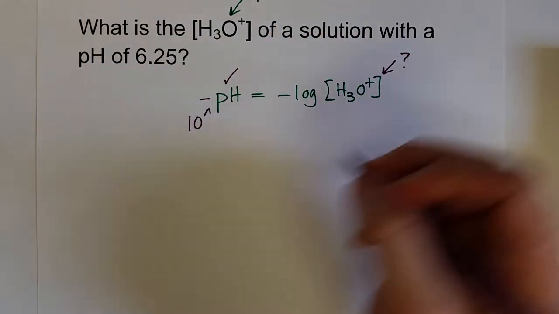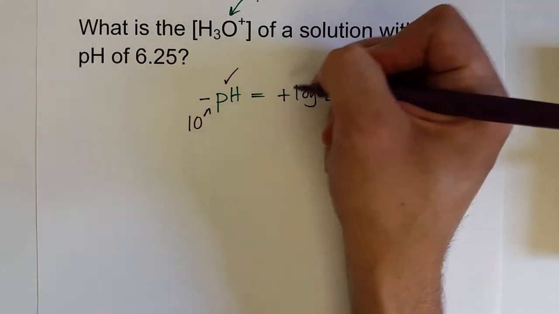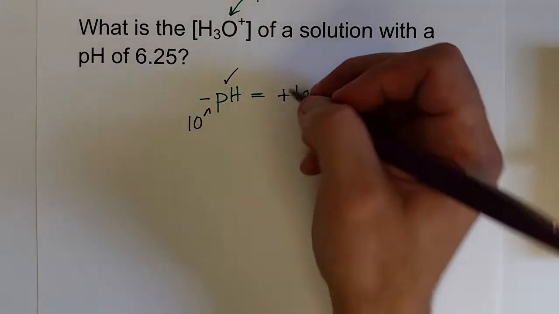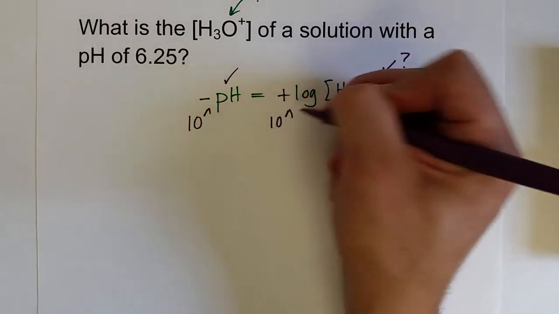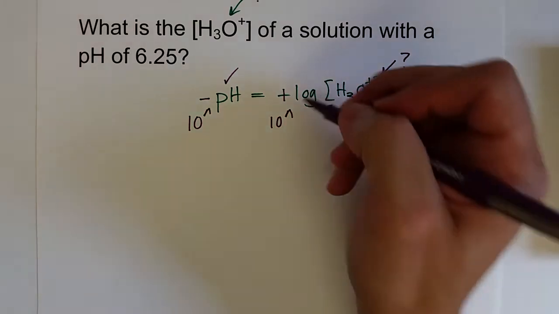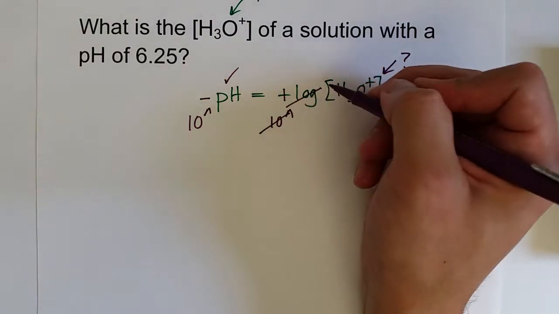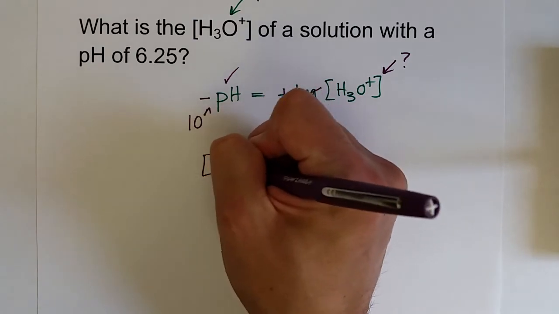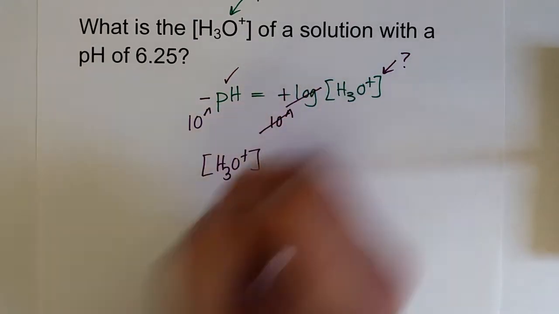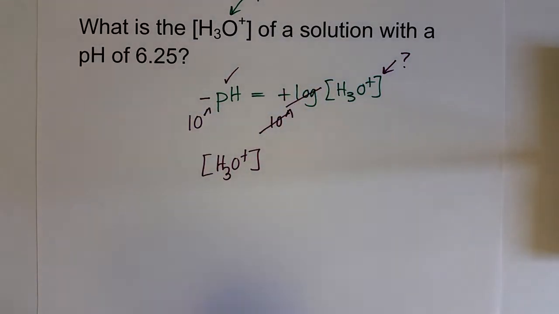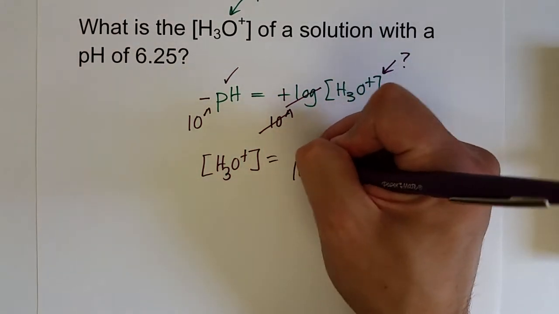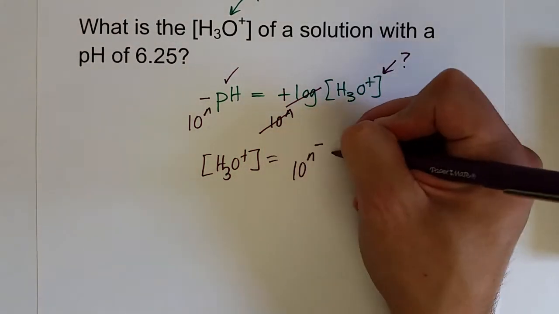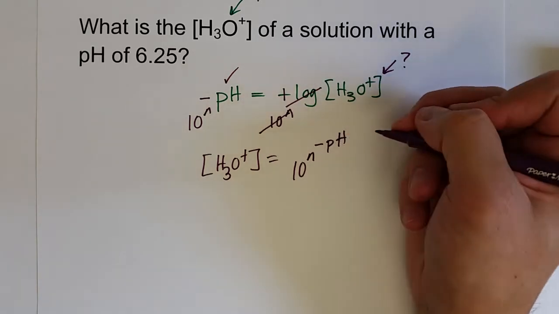So negative pH, and that will turn this into a positive. Then I want to take the anti-log of both sides, and what that does is it cancels out the log. And so the equation turns into the H3O plus ion concentration equal to the anti-log of the negative pH.